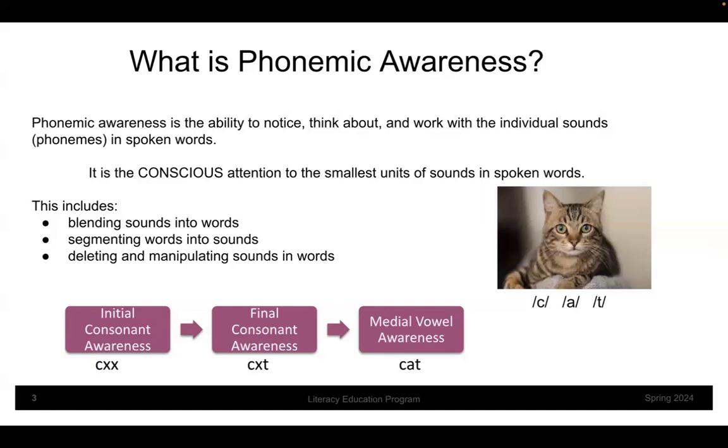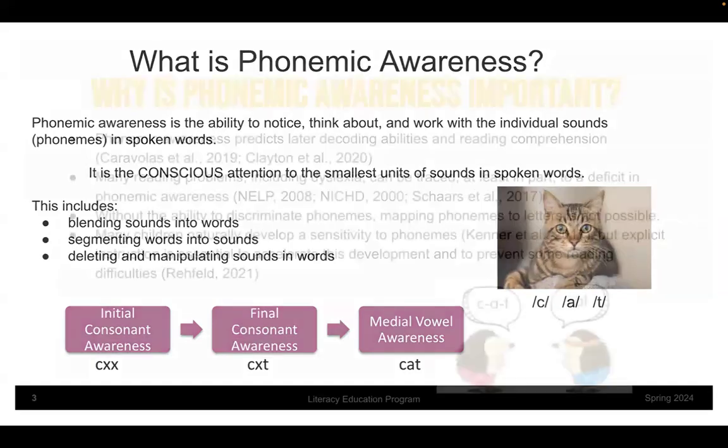K. If I were to ask them what other sound they hear in that word, the next thing they're going to attend to is the final consonant, cat. And then they'll come back and pick up that medial vowel. That will be the last thing that they're usually aware of in a word.